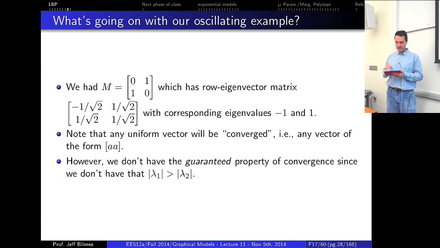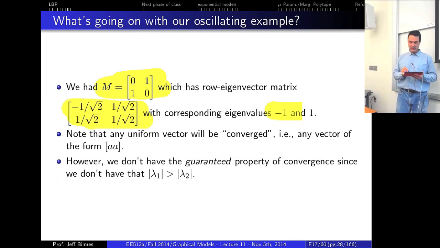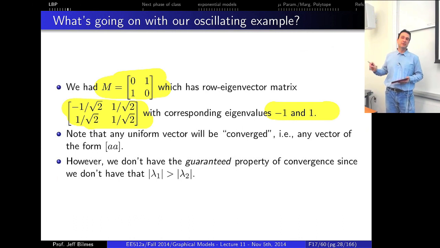So that's good news. And in fact, just going back to our oscillating condition, why is it the case that this guy oscillates? Well, if you look at this matrix, the row eigenvector matrix corresponds to this, and the corresponding eigenvalues are -1 and 1. And so you see that you don't have a strict magnitude inequality between the first and the second eigenvalues. In other words, we don't have the absolute value of lambda 1 strictly greater than the absolute value of lambda 2.